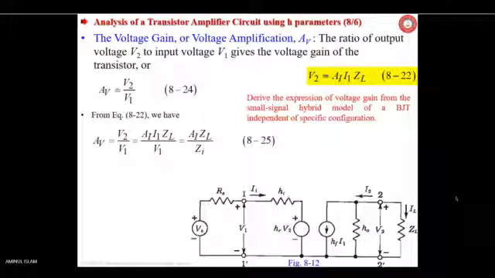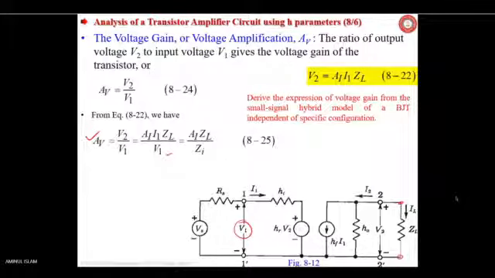Okay. So let me take another point. Say voltage gain is V2, the voltage across the output load resistance, and V1 is here, across the terminal of the BJT. So we can write AV equals V2 by V1. V2 we have already written in the last slide as AI I1 ZL.